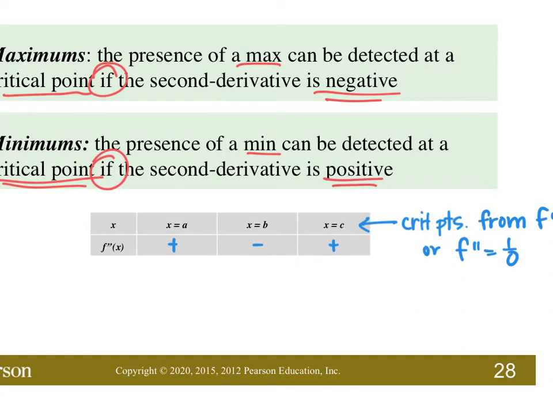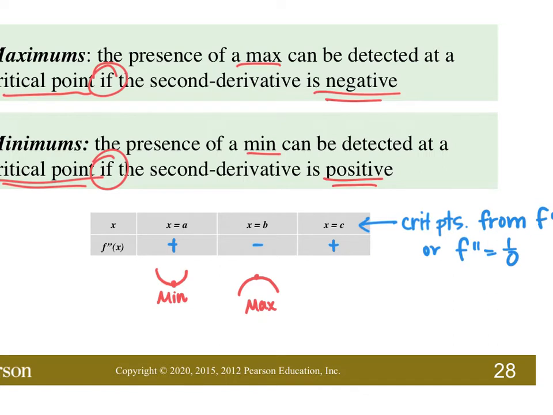And if you get a plus or a minus or a plus, okay, that means that A is a critical point and is sitting in an interval with positive concavity. So if A is a critical point and sitting in an interval of positive concavity, then A is a min. If X equals B is a critical point and sitting on top of a negative concavity interval, then we have a max.